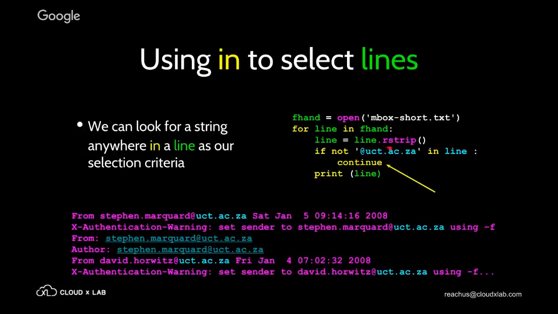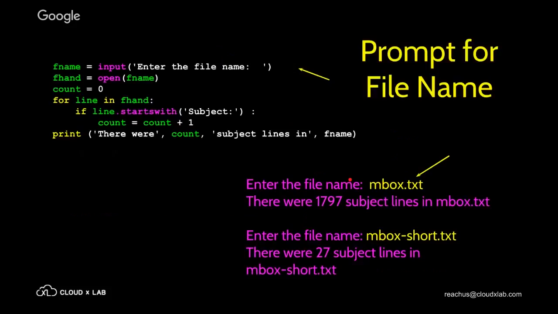Again, you could use more complex operations. Like here, we are looking for a domain name in the address, and only then we are printing something. Similarly, we can also read the input file name from the user and do something with it.